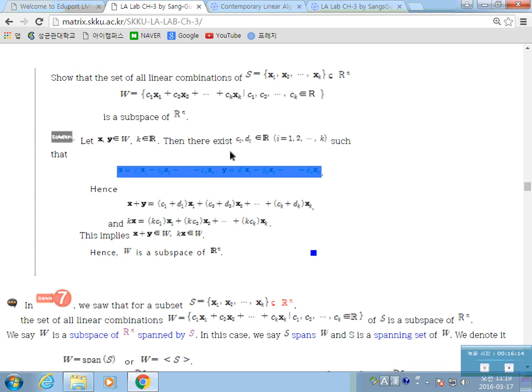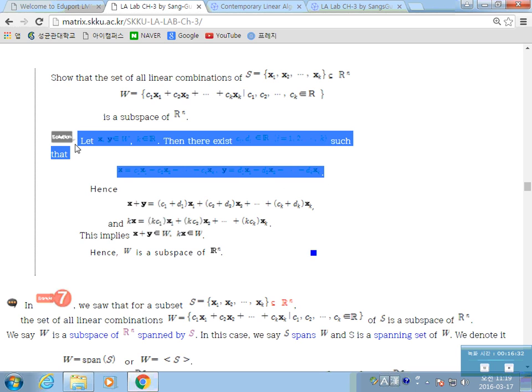So suppose we choose arbitrary two vectors X and Y in W. That means there exist scalars Ci's and Di's such that X is a linear combination of Xi's and Y is a linear combination of Xi's like this. This is what we have from this condition. Next, show X plus Y can be written in this way and KX can be written in this way.